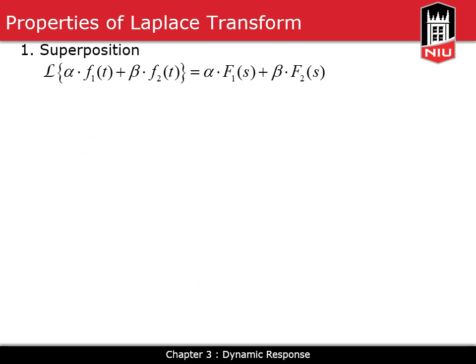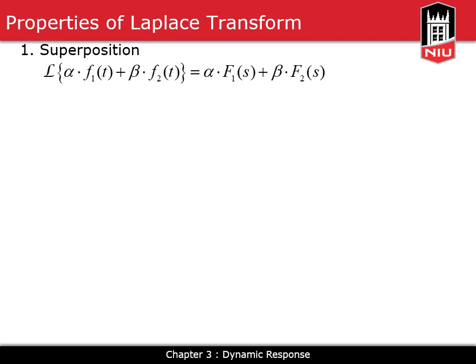We will go over the basic properties of Laplace transform here. These properties can be easily proven by using the definition, but we will just go over the properties without proving them. What is important for us is the application of these properties. The first one is superposition.